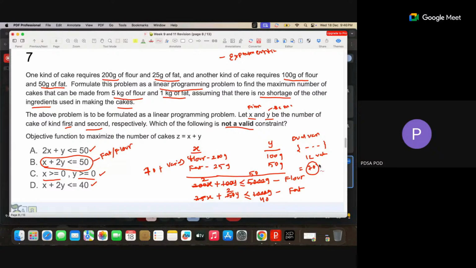Okay, sir. We'll not be asked to do that? No. We never ask you to calculate the optimized value. In the linear programming model, we ask you only about the constraints, objectives, and count of variables. Not conversion from primal to dual?